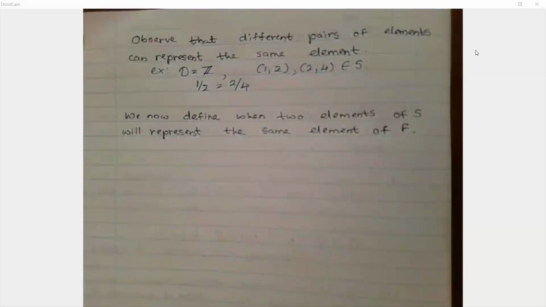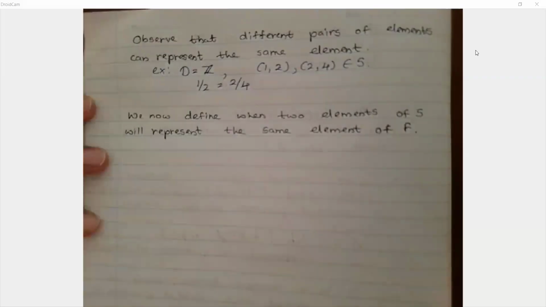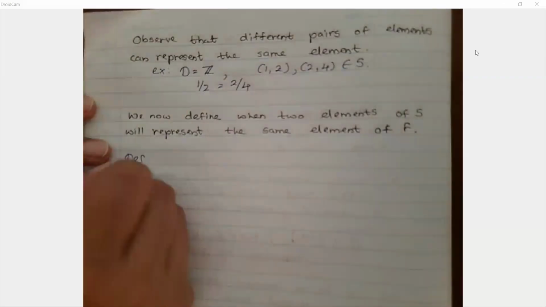Now remember, we are trying to find F, which is the field of quotients containing D, right? And we are trying to understand what type of elements this F contains. We've got a definition.